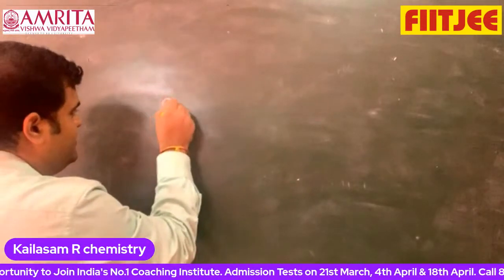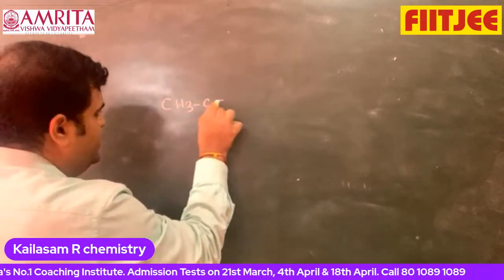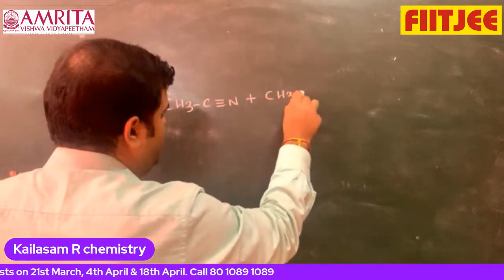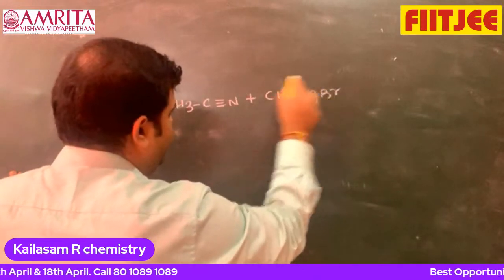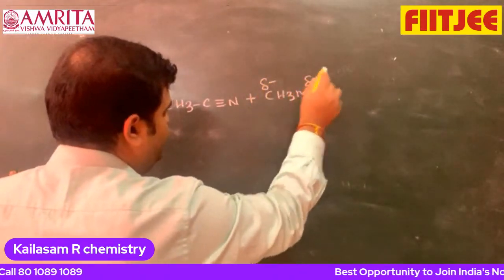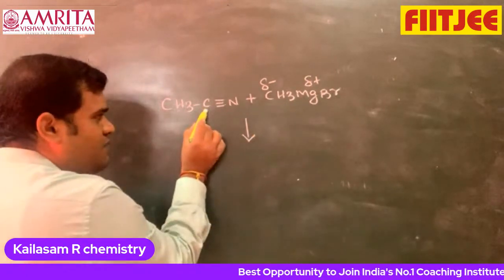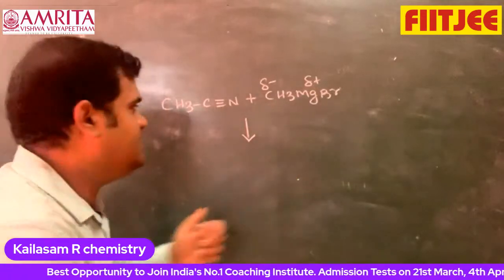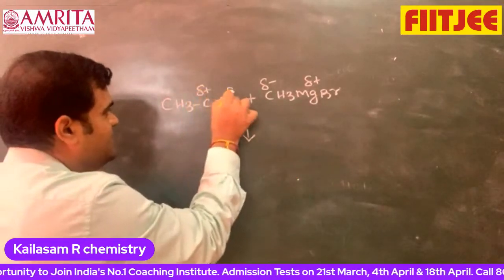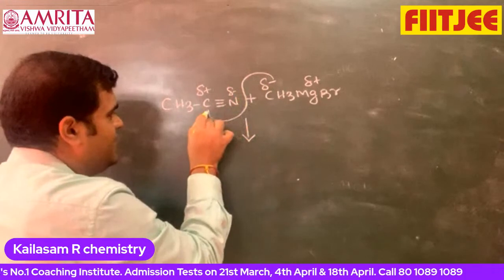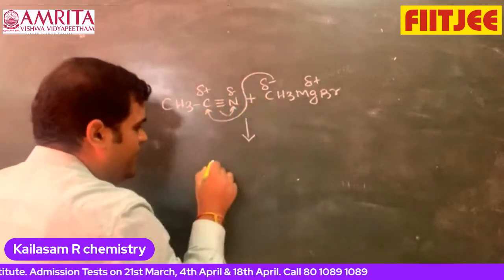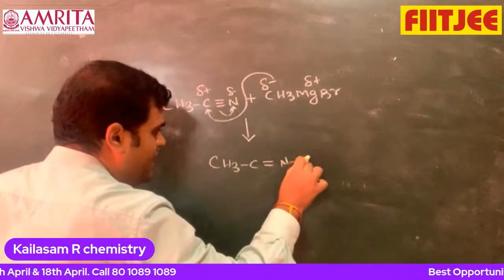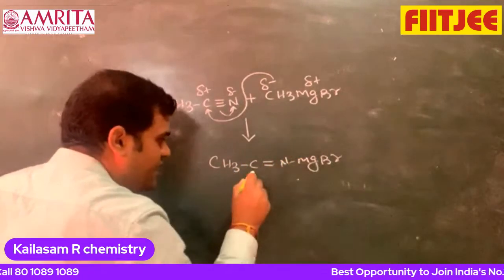I'm taking CH3–C triple bond N plus CH3MgBr. I can say this is delta minus, delta plus. Look at that: carbon and nitrogen, nitrogen is more electronegative; carbon is less electronegative. I can write this as delta plus, delta minus. The attack occurs, the bond breaks. So now I can write CH3–C=N–MgBr, and here CH3.